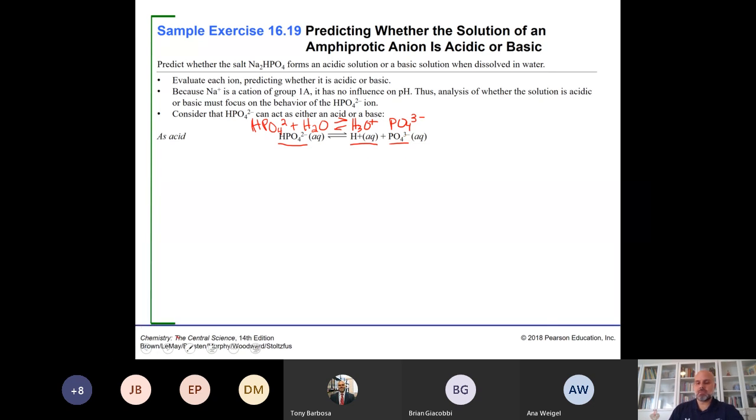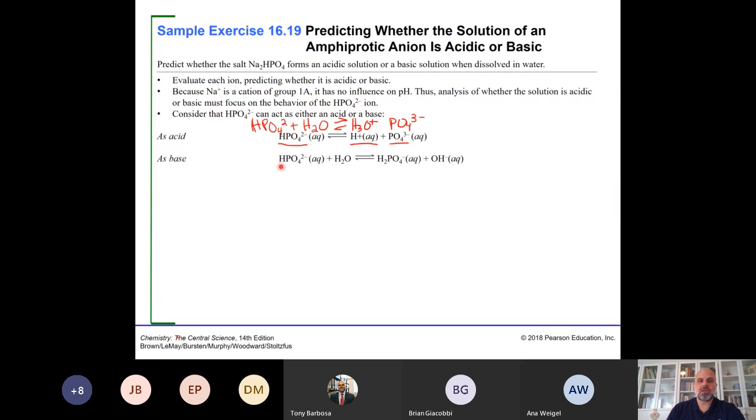And then in the next part of the example, the HPO4 can act as a base, and that can react with the water molecule, and it generates the conjugate acid of the base. It's acting as a base, so we generate its conjugate acid, H2PO4 minus, and hydroxide ion. So you can see when it acts as an acid, it generates acid.